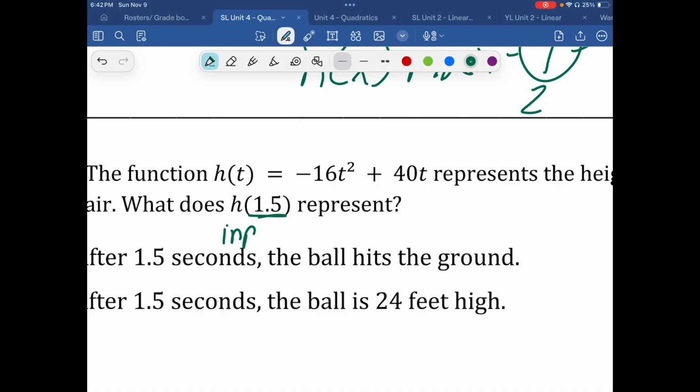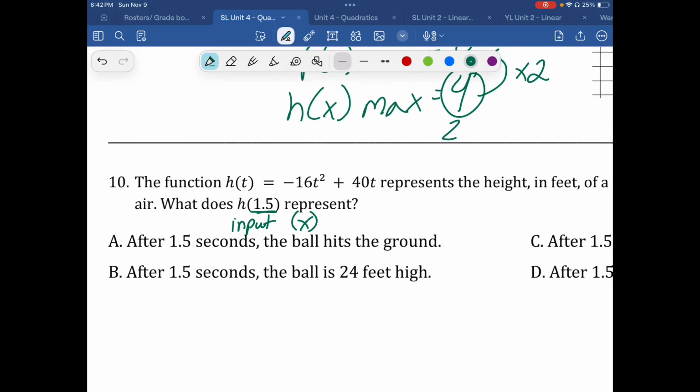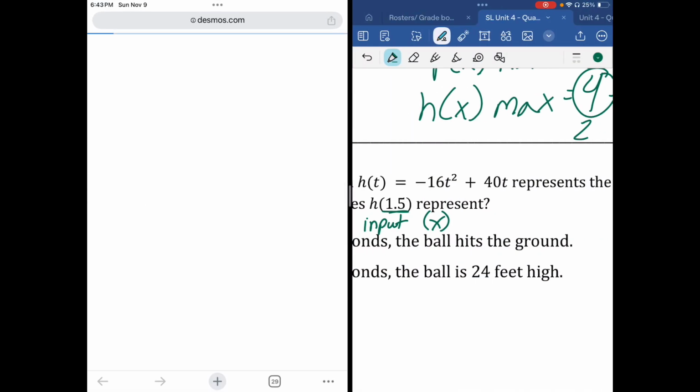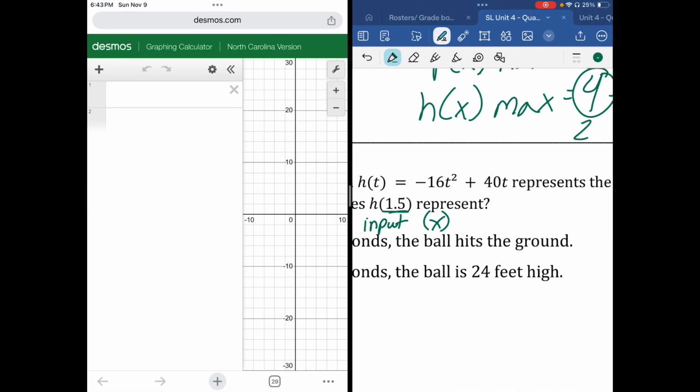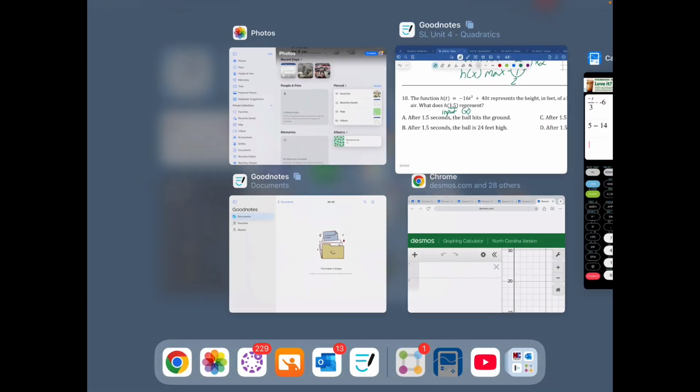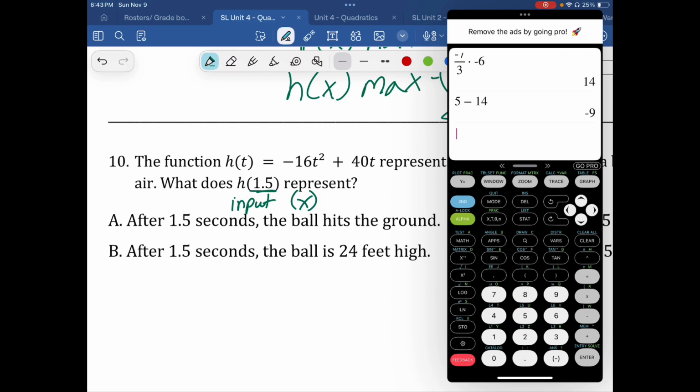It's an input, but that also means it's an x. So the easiest thing for us to do here is to just plug it in. Type it in the equation. Plug it in for x. We can do it on the calculator. So we would have negative 16 times 1.5 squared plus 40 times 1.5.